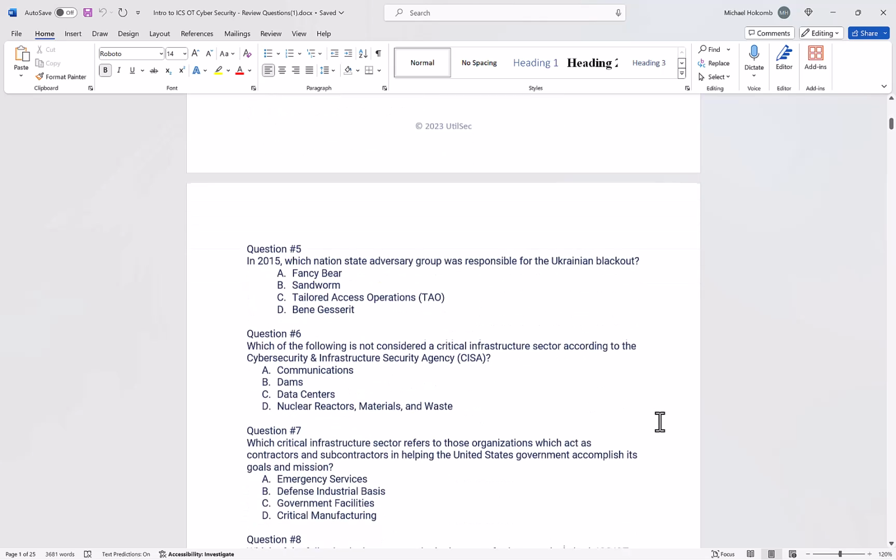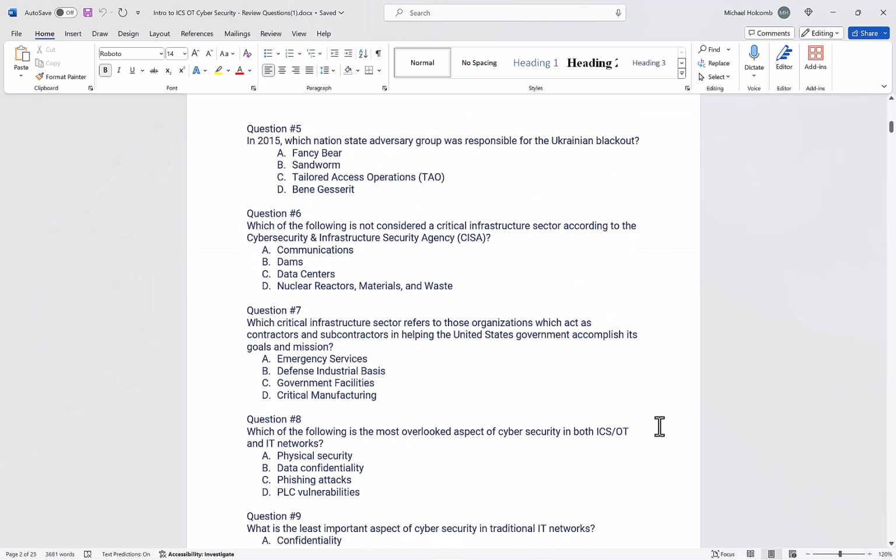Question 5. In 2015, which nation-state adversary group was responsible for the Ukrainian blackout? I actually mentioned this earlier when we were talking about the Russians targeting the Ukraine, and that's Sandworm.